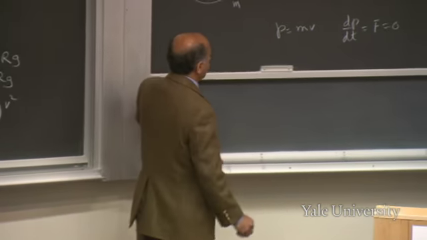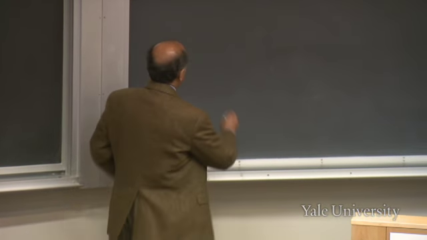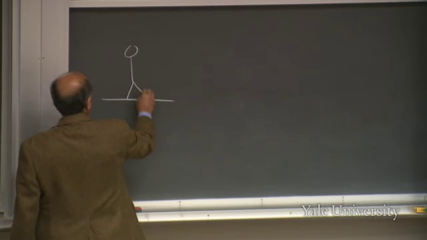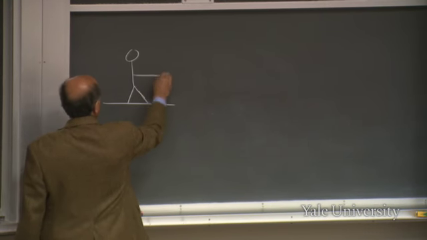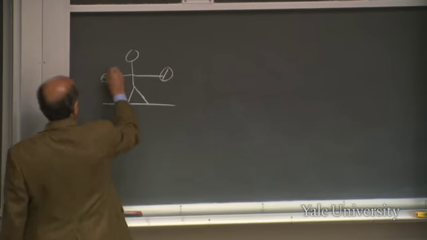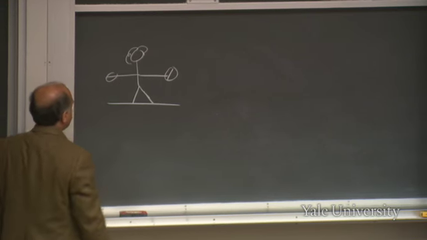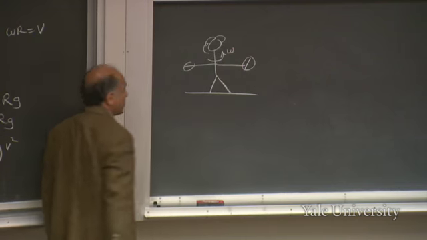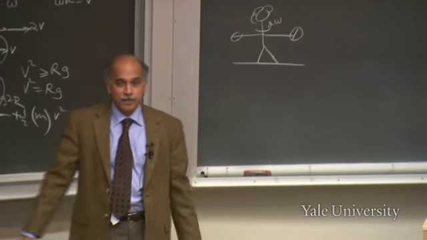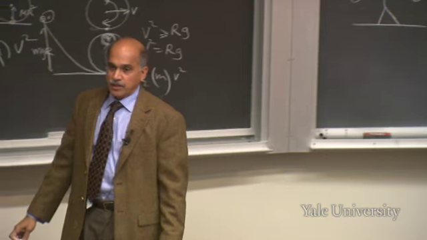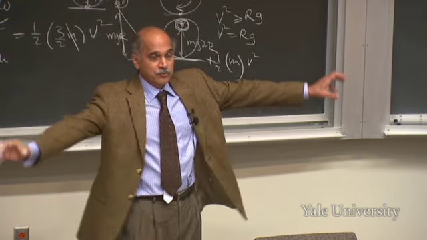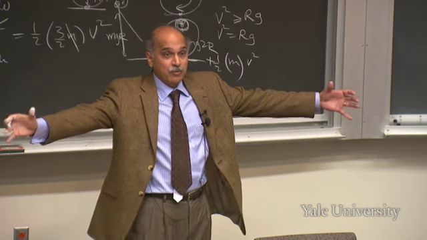Okay? So let me do the ice capade thing. So here is ice. So here is some dancer. All right, so this person is spinning around with some velocity omega with the hands out. To emphasize the whole thing, let's imagine this ice dancer has no mass, except for the two dumbbells on the two hands, or the two masses.